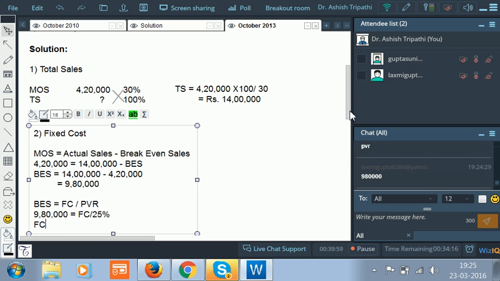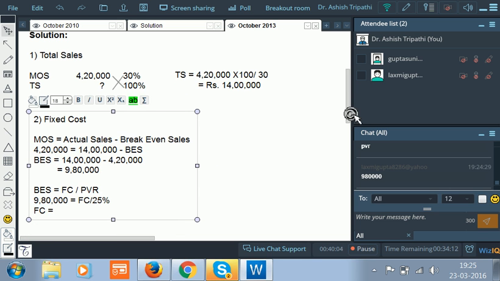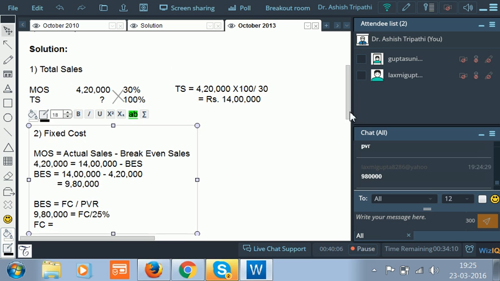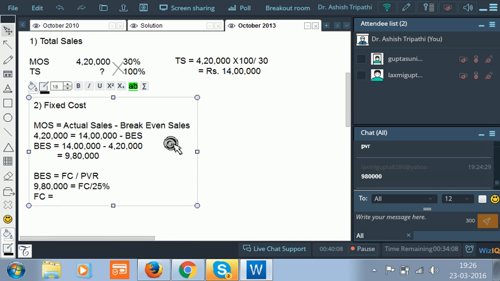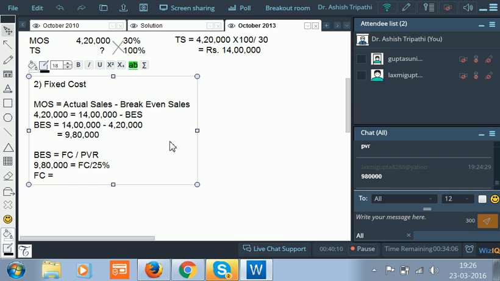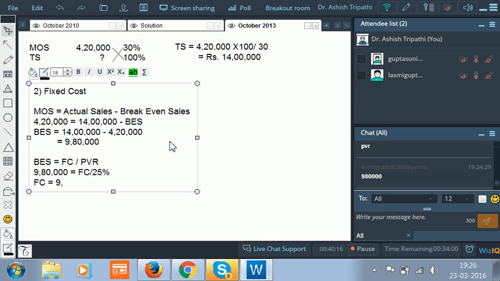So if we calculate this, we will get fixed cost is equal to, 25% is dividing here, it will go there, then it will multiply, 9,80,000 into 25%.